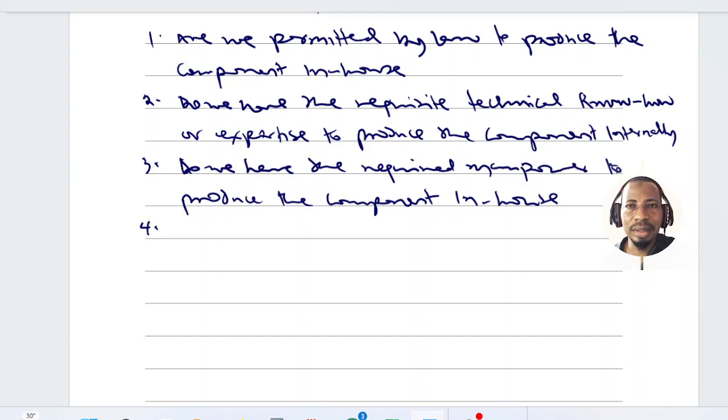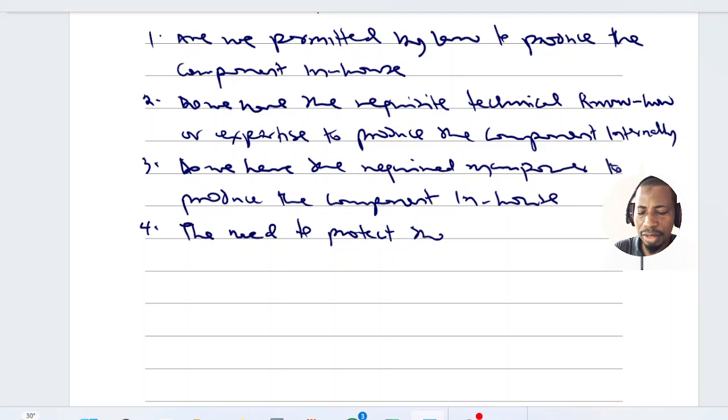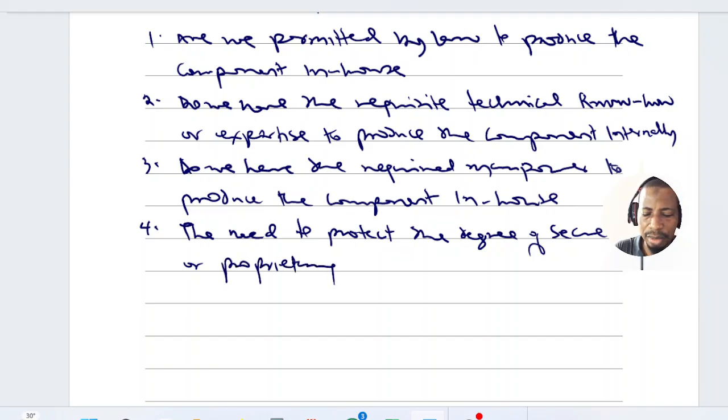another factor to consider is the need to protect the degree of secrecy or proprietary technology underlying the company's products.